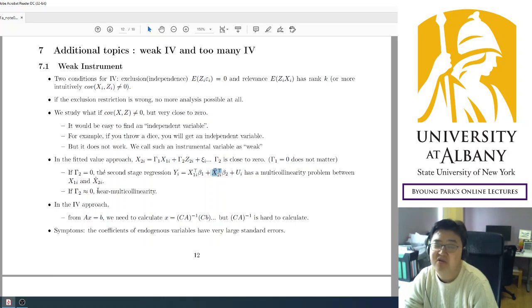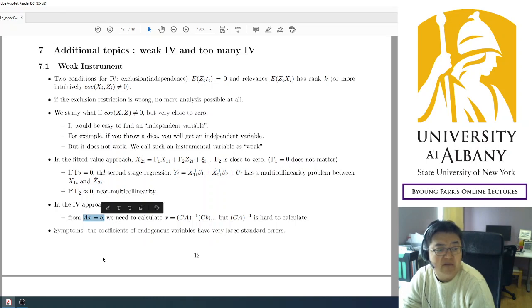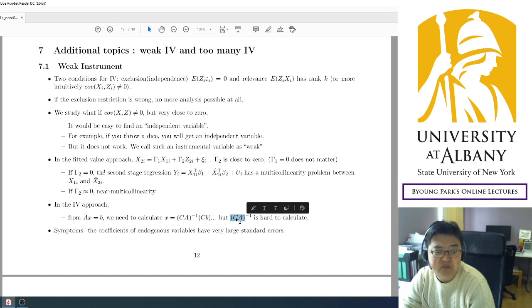So the near multicollinearity problem arises, going back to the discussion we had in the previous chapter. If you move to the IV moment approach, the solution to this equation involves multiplying some matrix C and taking its inverse.